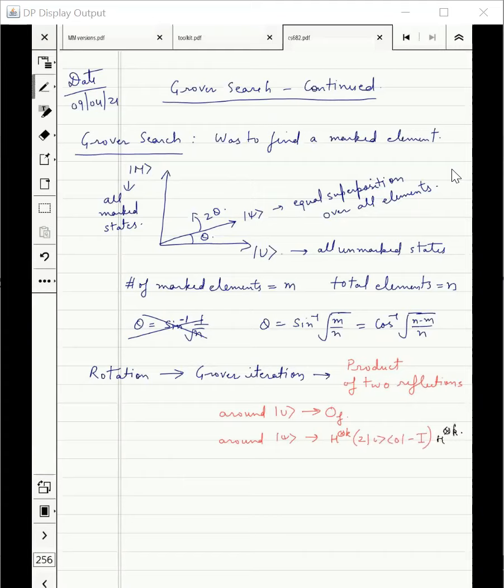Okay. Remember, we had assumed n is equal to 2 to the power k, so as to make this simple. And we knew how to rotate about 0. That's why we could do all this. Right? This was the Grover search algorithm. This is what we did last time.